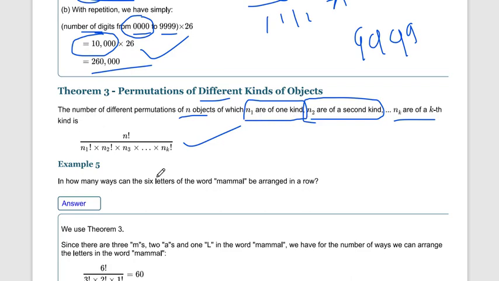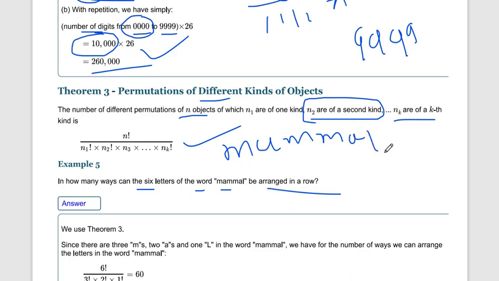In how many ways can the 6 letters of the word MAMMAL be arranged in a row? Now they have given a word and we have to arrange it. Let's say I have arranged it manually, and I interchange these two. What word will it become?